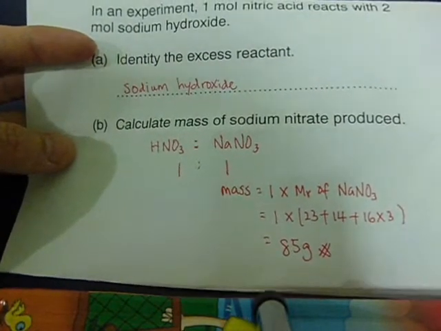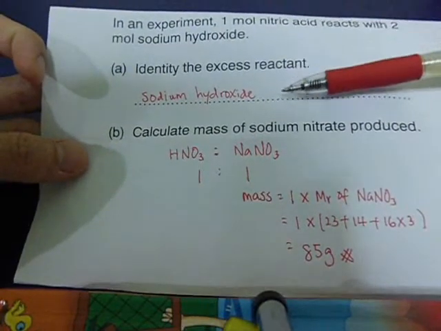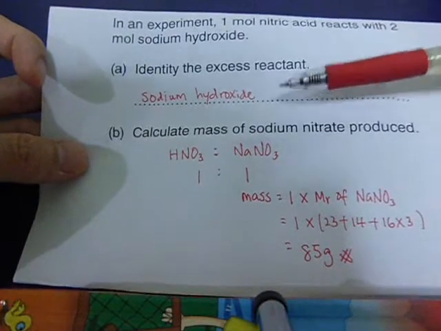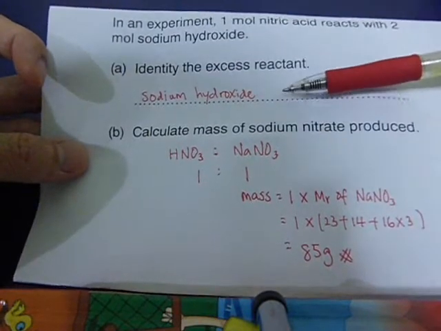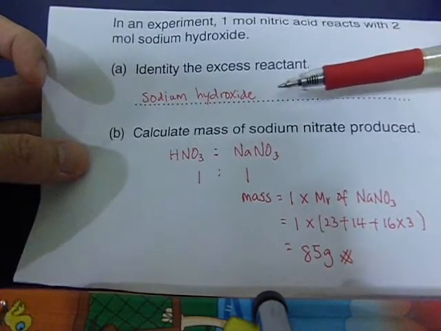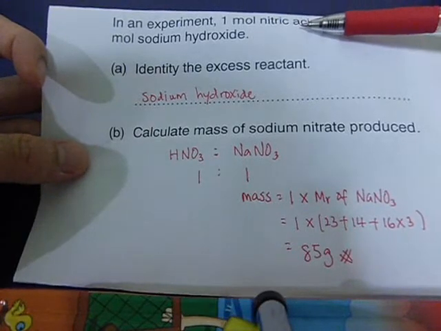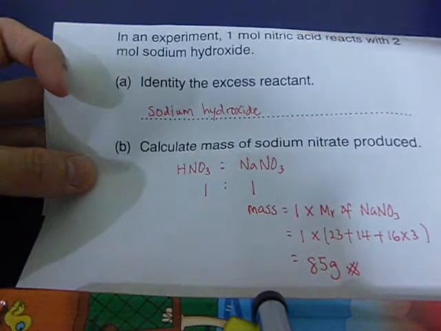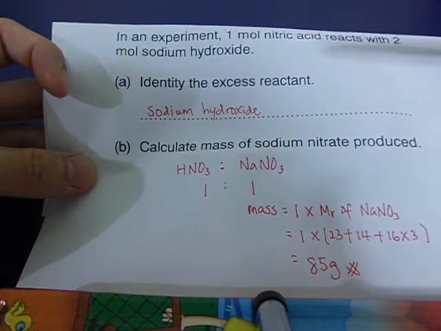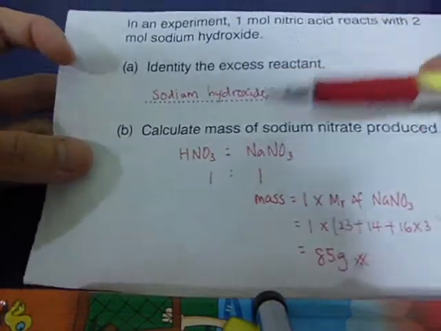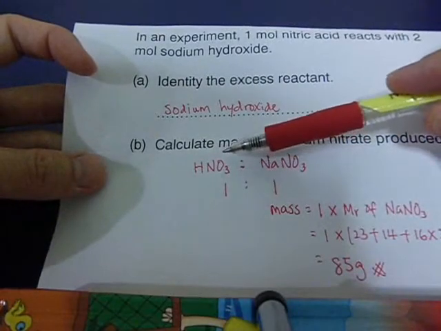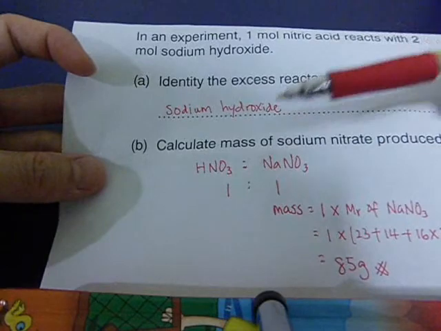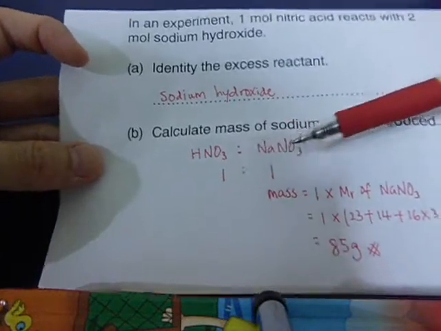And the limiting reactant in this case, we found from part A that the excess reactant is sodium hydroxide. So the limiting reactant is nitric acid. How much nitric acid is used in the chemical reaction? 1 mole. So 1 mole of nitric acid will produce how many mole of sodium nitrate? You have to look at the mole ratio of nitric acid and sodium nitrate, which from the balanced chemical equation is 1:1.